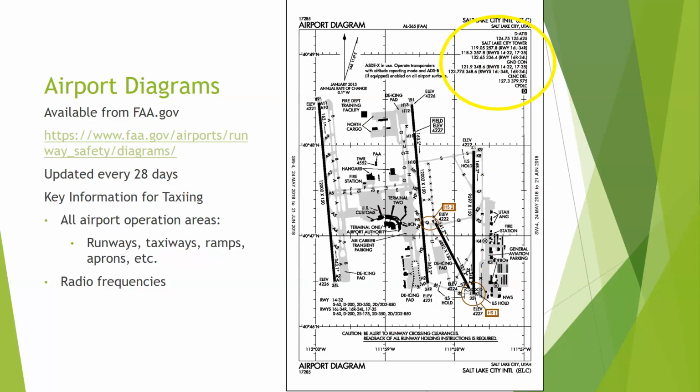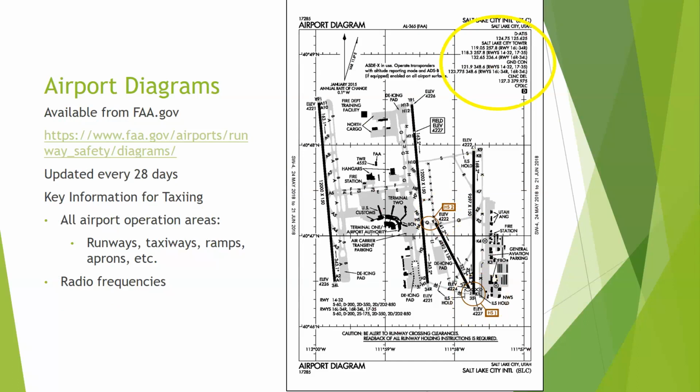Those aren't necessarily updated on a given time schedule. They're just updated when there's a change that warrants an update, right? It could be changes in weather, it could be a restriction that comes into place or is removed, that kind of thing. Other ones on there, we have Salt Lake Tower, and there's a couple of those.